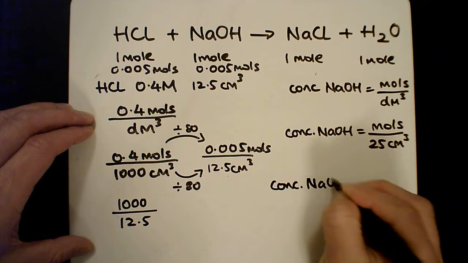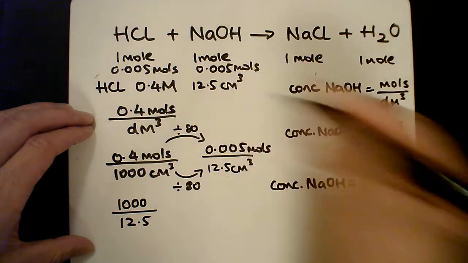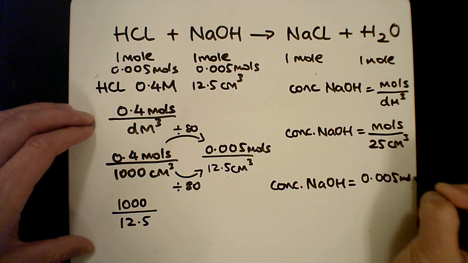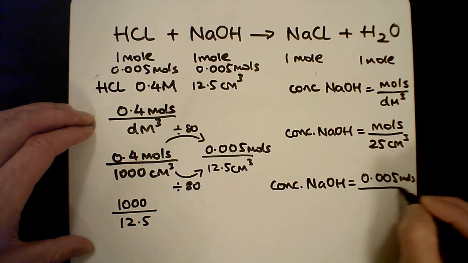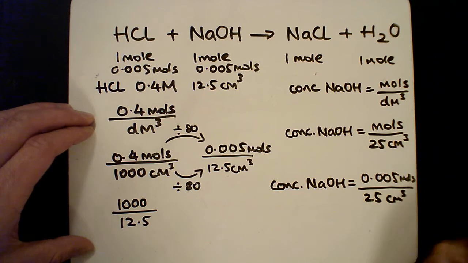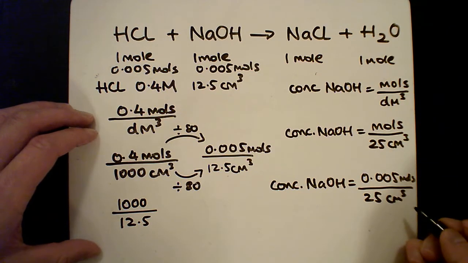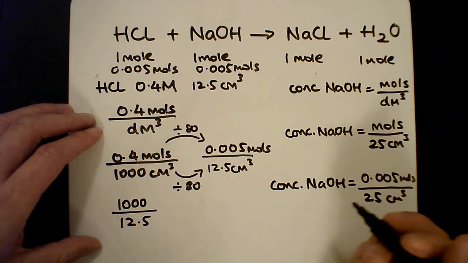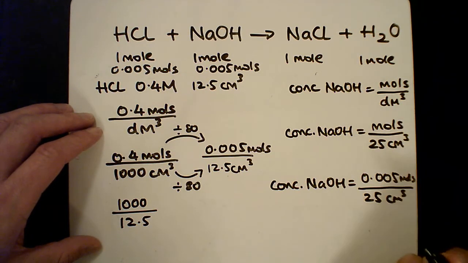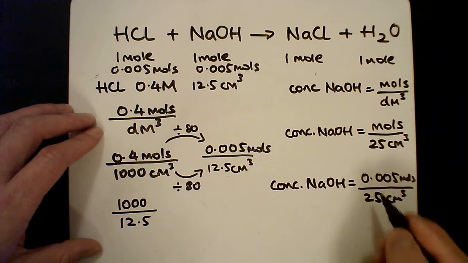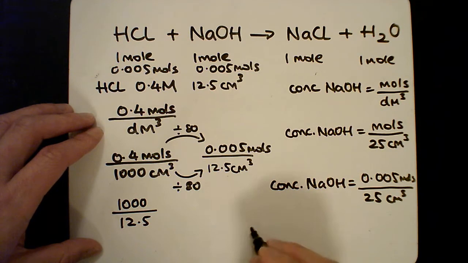So let's use our equation. Now we have 0.005 moles in 25 centimeters cubed. Concentration is given in decimeters cubed, or in 1000 centimeters cubed, so we have to adjust for that.